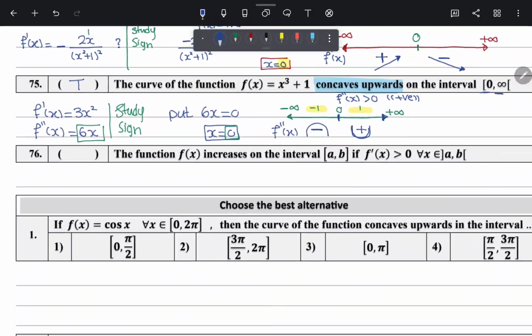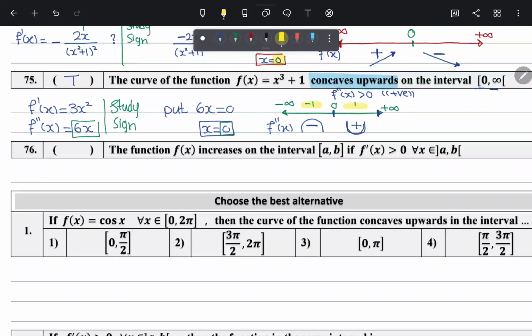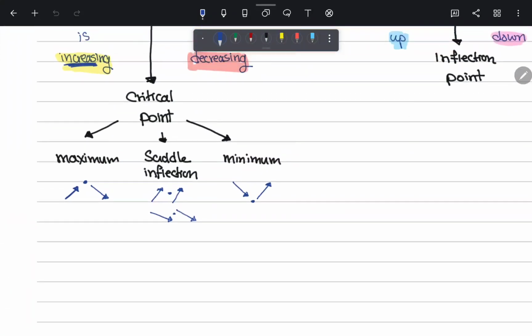Here no. Okay. This question is asking about the concept itself. He says the function f of x increases on the interval from a to b if the derivative is more than 0. Is this statement right? Does it increase if the derivative is more than 0? The first derivative. When does it increase? Let's check again.